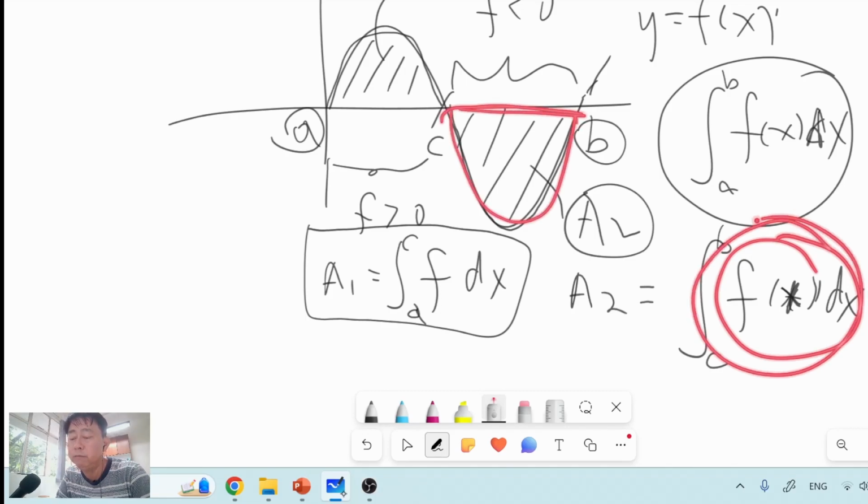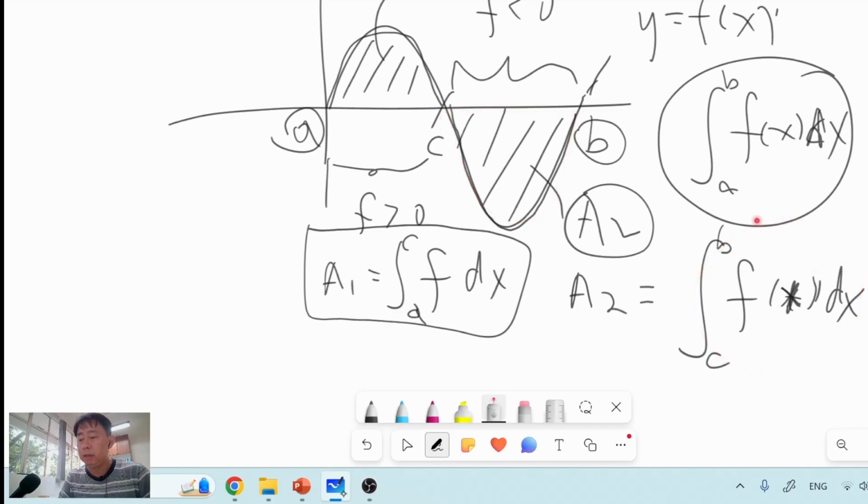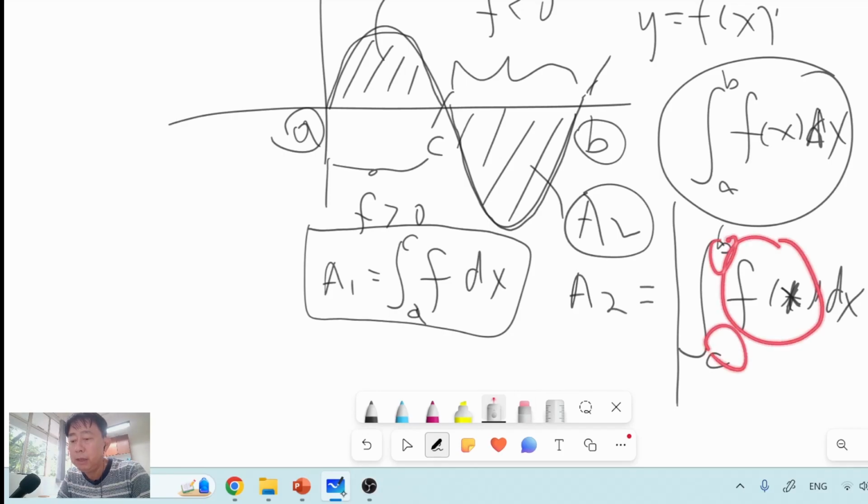Therefore, this integration will give you a negative number, and you cannot equate the area to a negative number. So usually what you do is take the absolute value of the definite integration for the function between C and B, understanding that in this case the function is uniformly negative there.